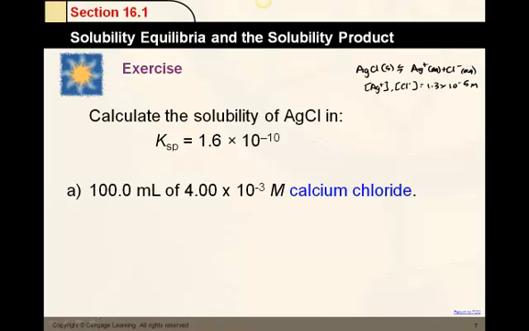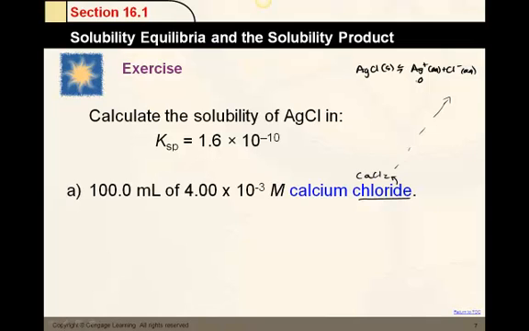Now, when AgCl breaks apart, silver is such a tiny number, we don't count it. But chloride ions, because calcium chloride, CaCl2, has a common ion in common with silver chloride.